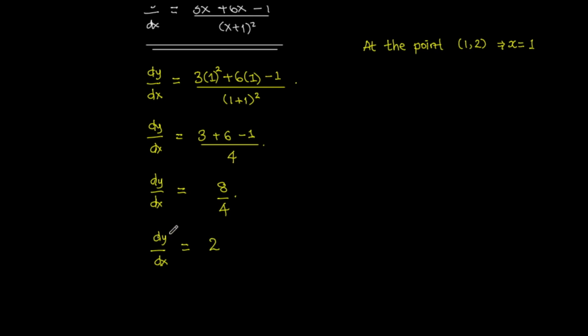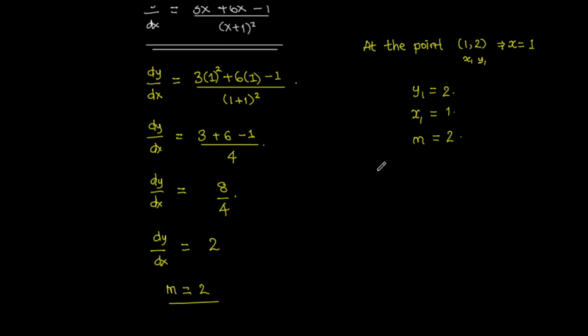And again, dy by dx, since it is a gradient and in a straight line, we can use gradient as m. So m equals 2. Now we can go ahead and have this point named as x1, then y1. So let's list them down here for easy substitution. Saying y1 equals 2, and then x1 equals 1, and then our gradient m equals 2.